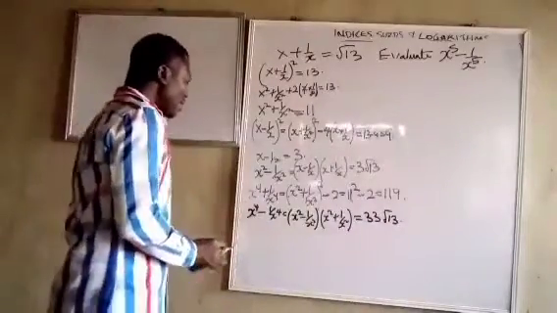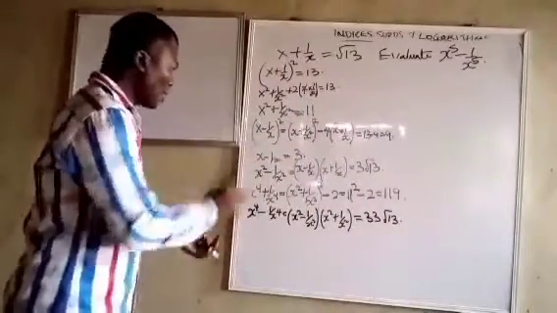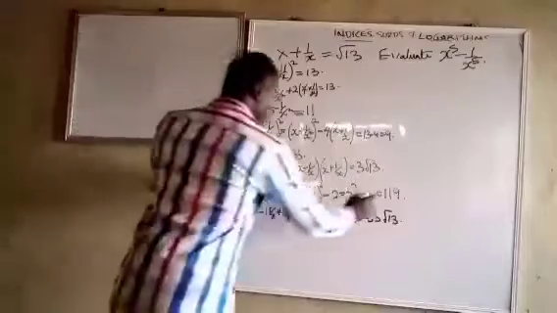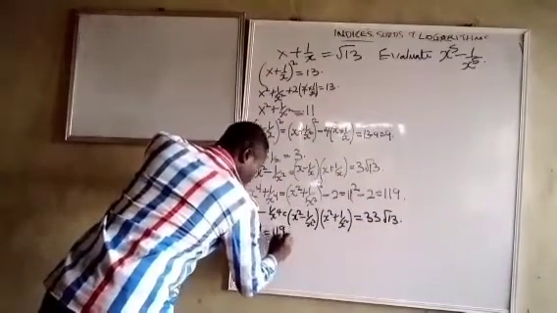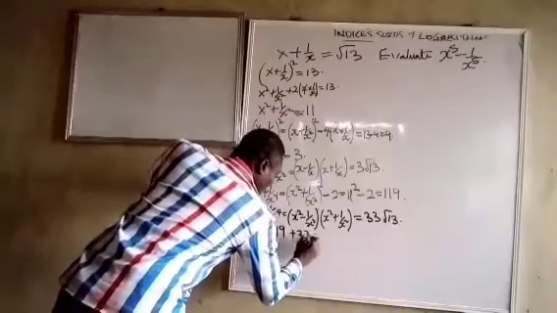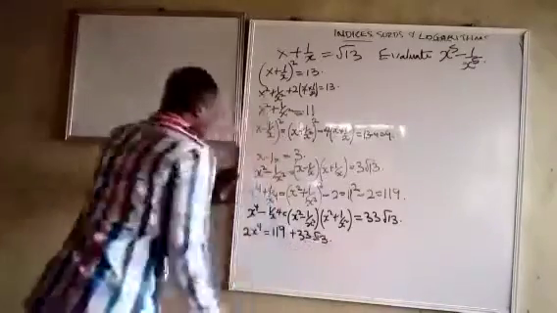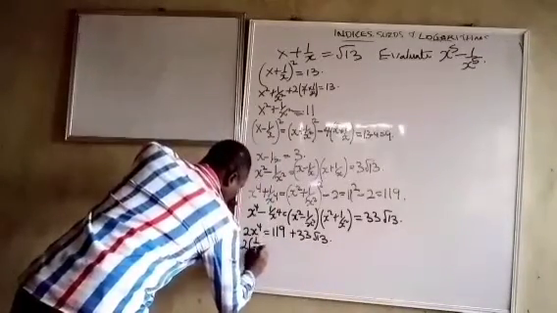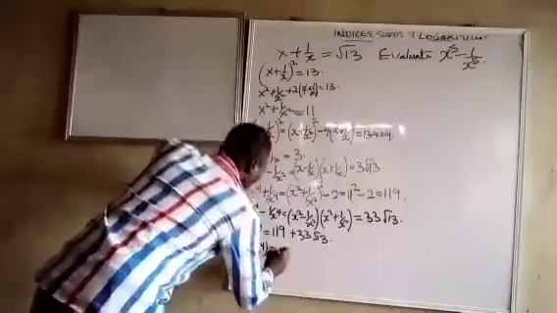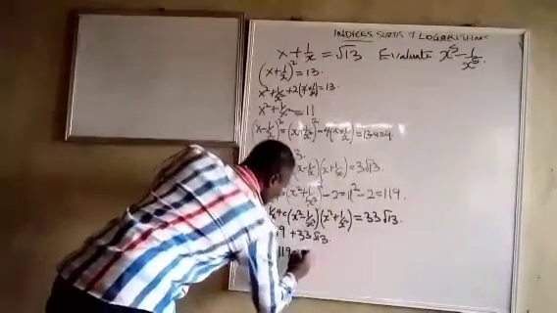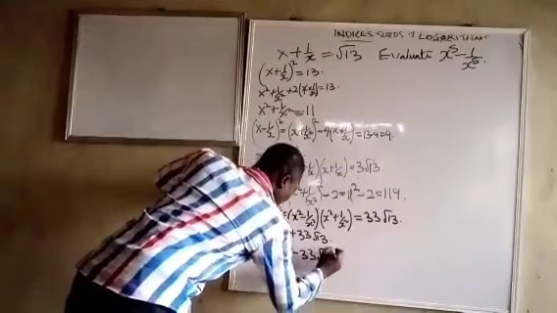So from here, we can get our x raised to the power 4 and our 1 over x raised to the power 4. Adding these two equations, we have 2x raised to the power 4 is equal to 119 plus 33 root 13. 2 over x raised to the power 4 is equal to 119 minus 33 root 13.